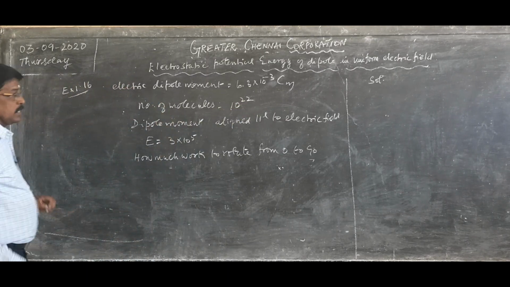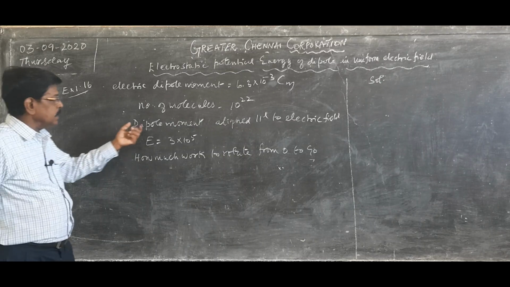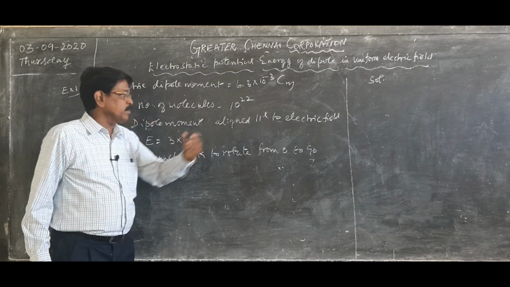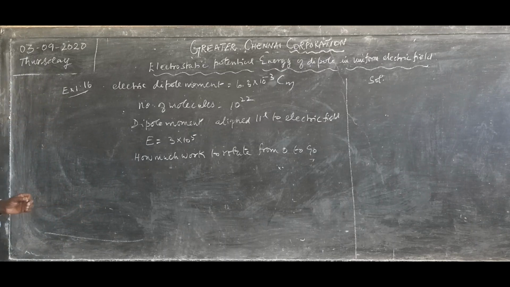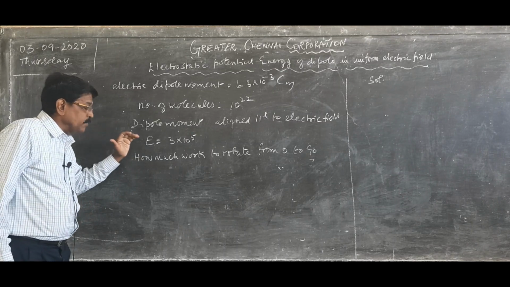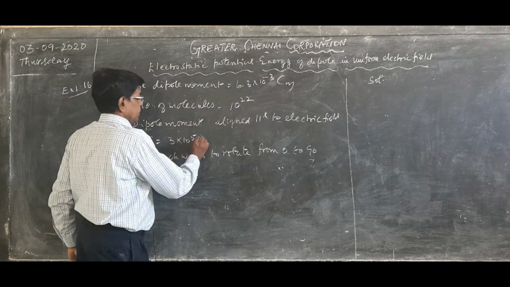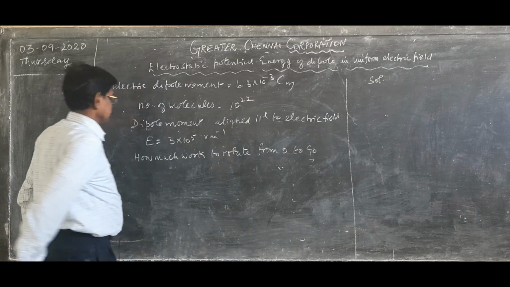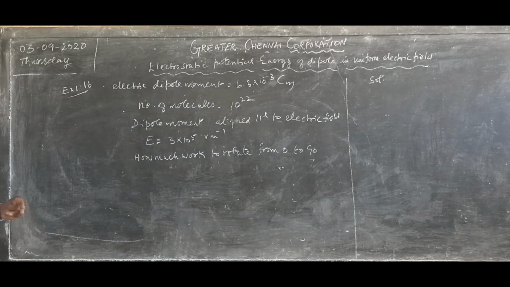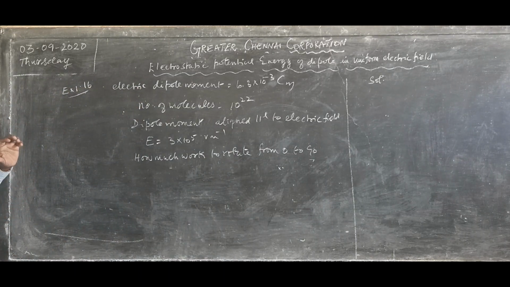The condition is that all the dipole moments are aligned parallel to the electric field. The electric field magnitude is 3 into 10 power 5 volt per meter. Then the question is, how much work is done in rotating from 0 to 90 degree?